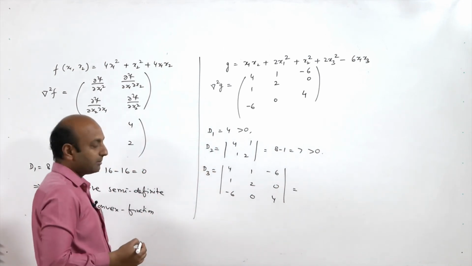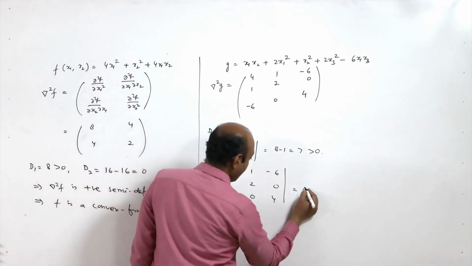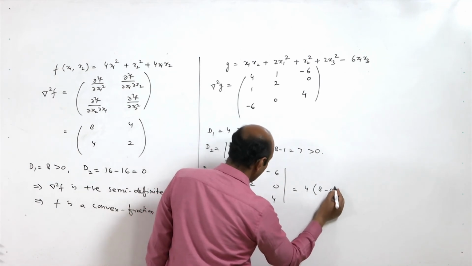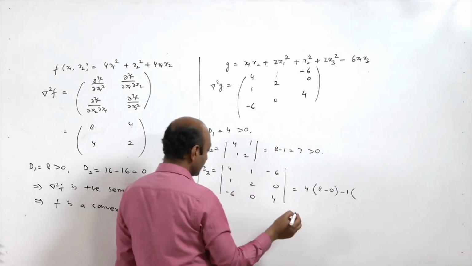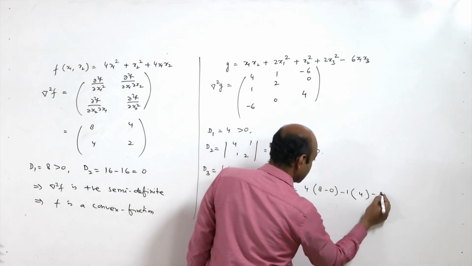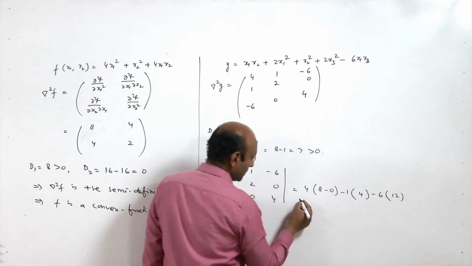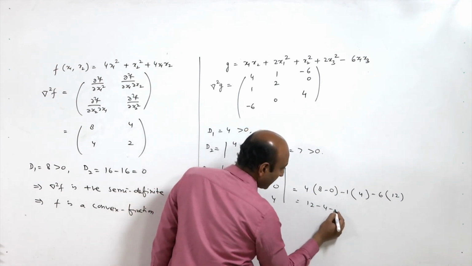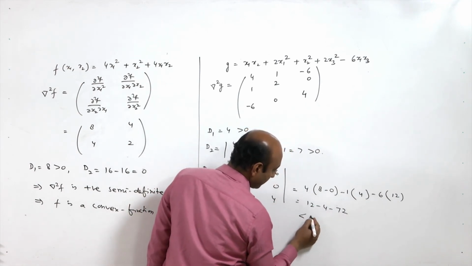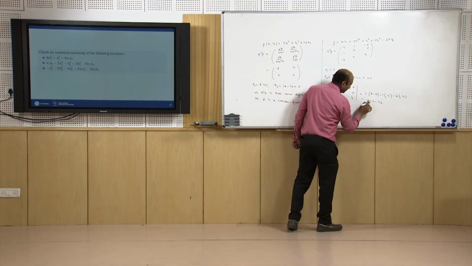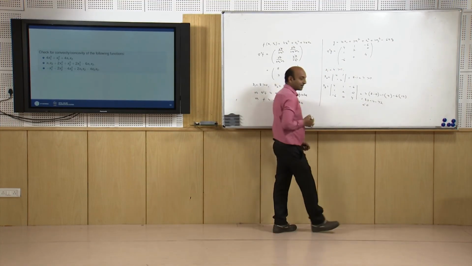When you take this determinant, it is 4 times 8 minus 0, minus 1 times 4 minus 0, minus 6 times 12, which gives 32 minus 4 minus 72 and it is negative.